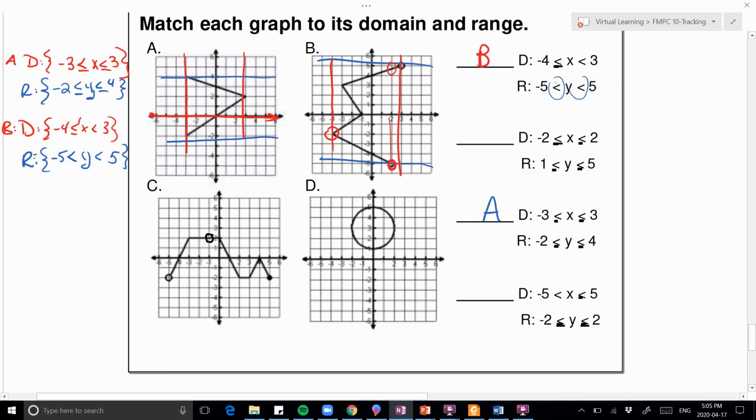So there's a question: what do you do if there's an open circle in the middle of your line? We're going to start with our domain. The two extremes, right? My two extremes are -5, and because that's an open circle, it's not part of my data set.